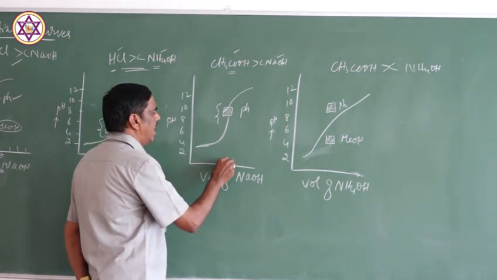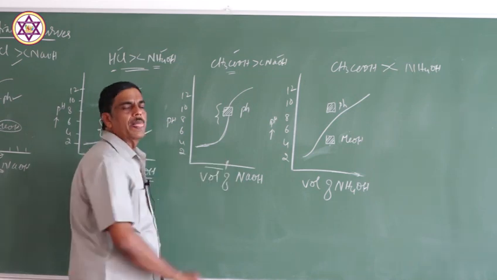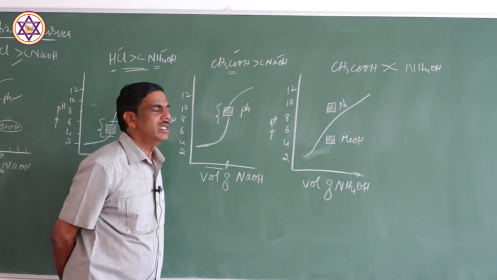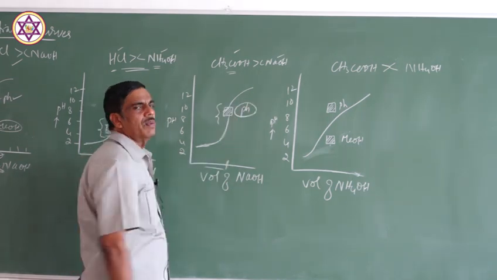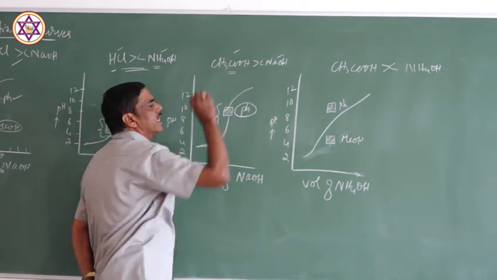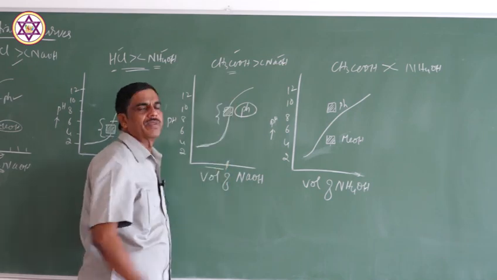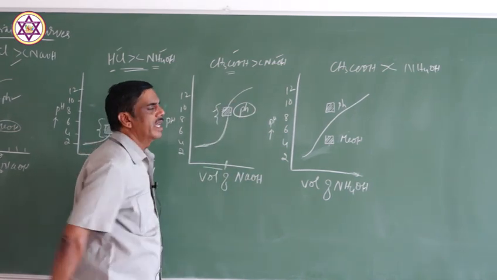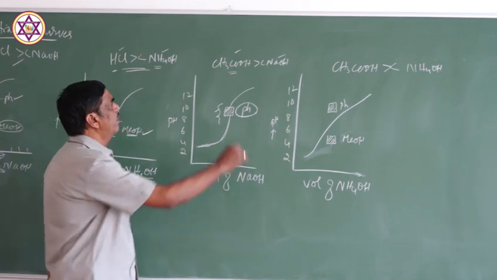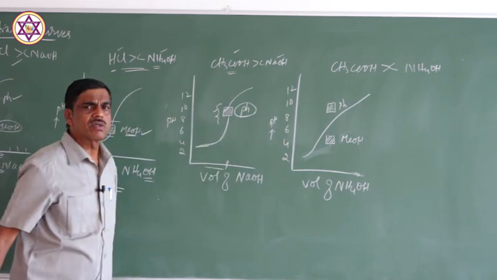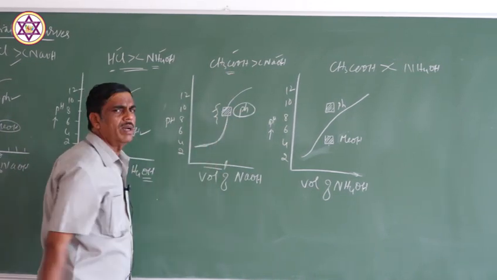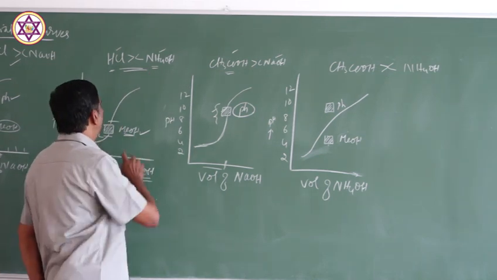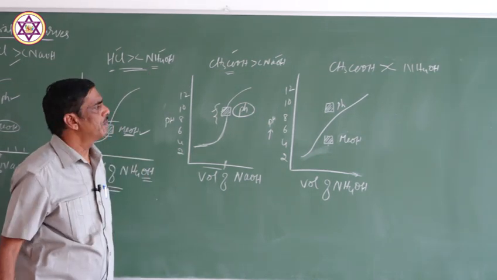At the neutralization point, the pH suddenly changes, and this change takes place in the range 8 to 10. Therefore, in this type of titration, weak acid against a strong base, only phenolphthalein indicator is helpful. So, for the titration of a weak acid and a strong base, phenolphthalein is a suitable indicator. For a strong acid and a weak base, methyl orange is the suitable indicator.